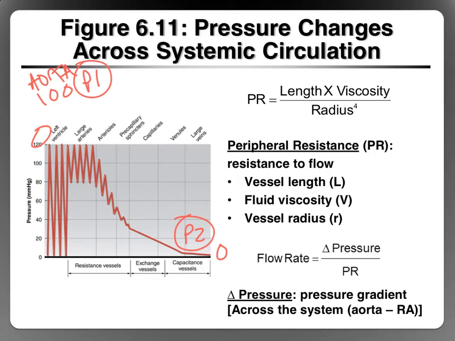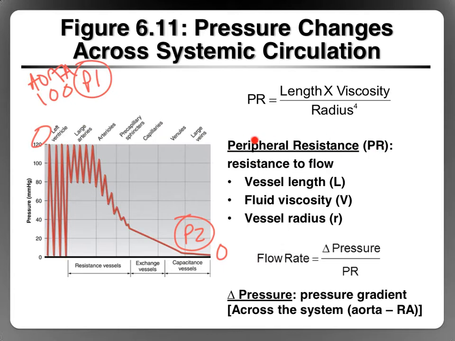So the primary reason for pressure differences across the system is a difference in resistance from the vessels themselves. Okay, and we call that peripheral resistance.